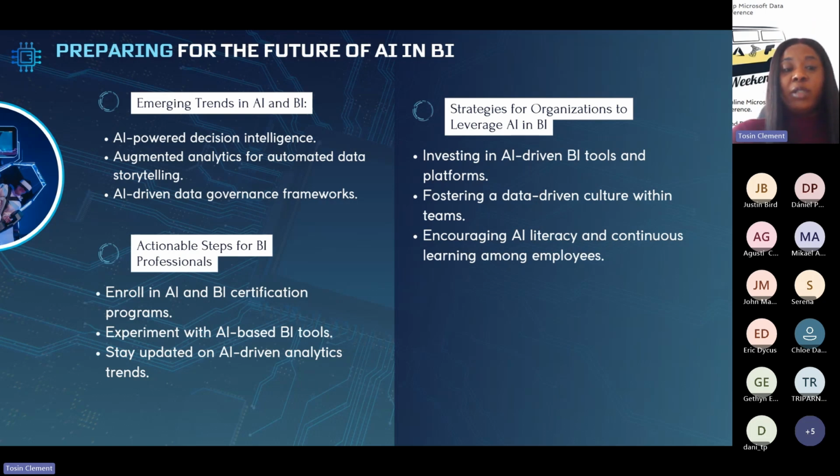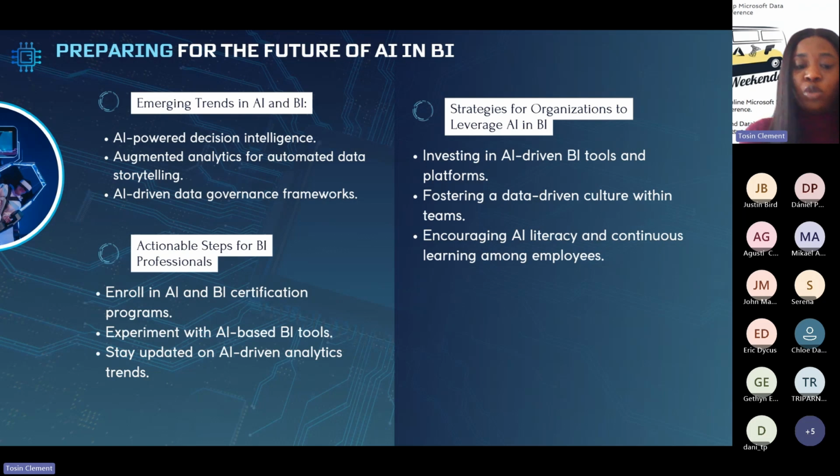And AI-driven data governance frameworks. So for business intelligence professionals, the key to staying ahead is continuous learning, enrolling in AI and BI certification programs, also experimenting, like I said earlier, with AI-based tools, and also staying updated on the latest trends.